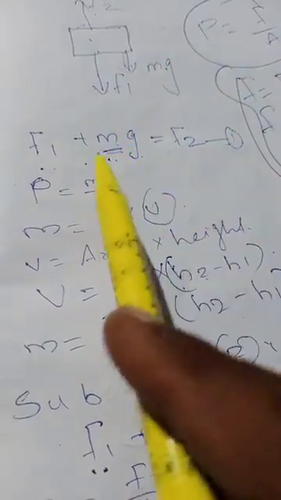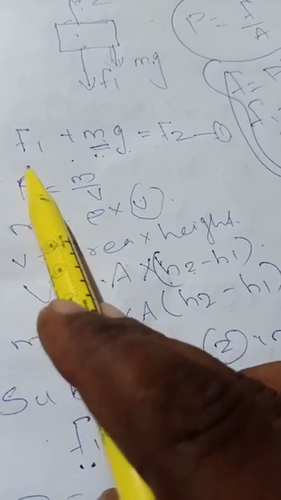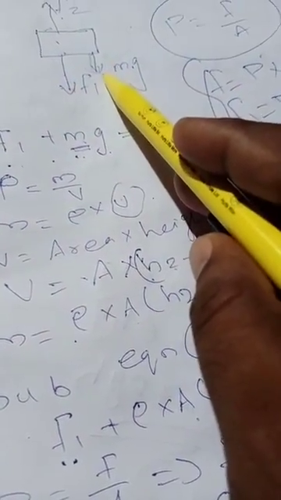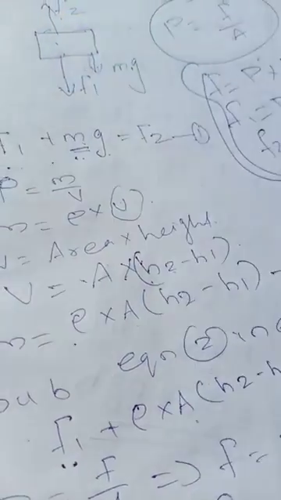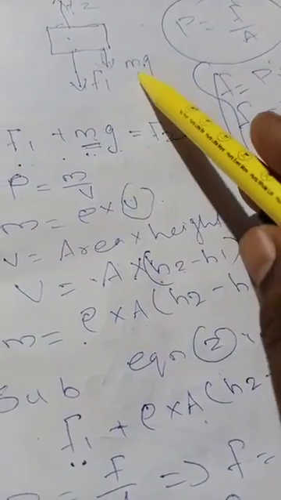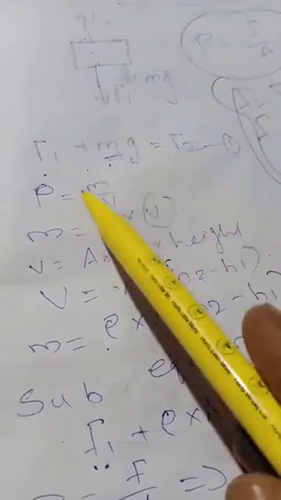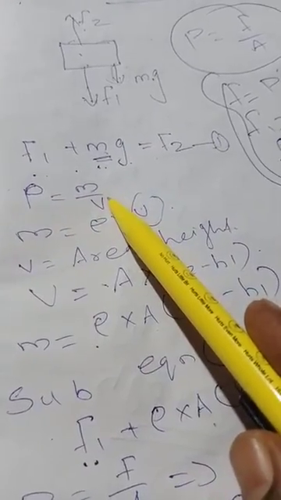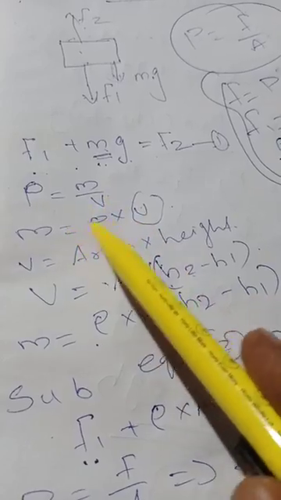Now you can take the equation from Newton's second law. The total force acting is F1 plus mg equal to F2. Now you have to find the mass. To find the mass, we can use the density formula. Density is equal to mass per volume, so mass is equal to density into volume.